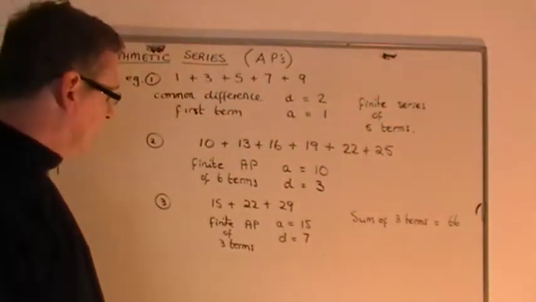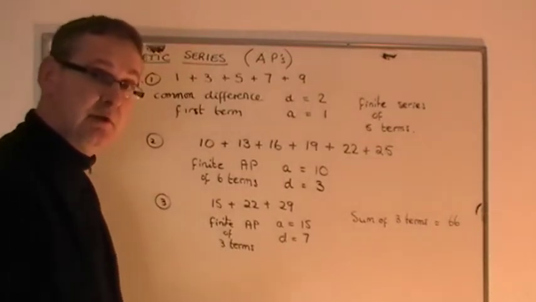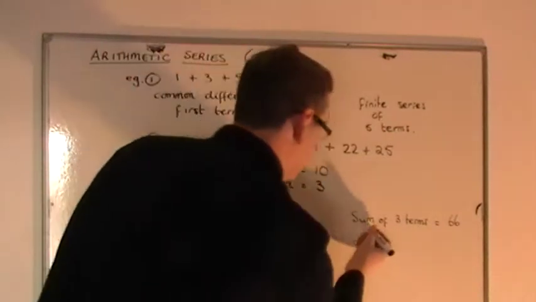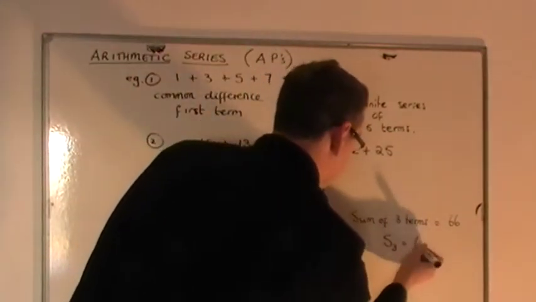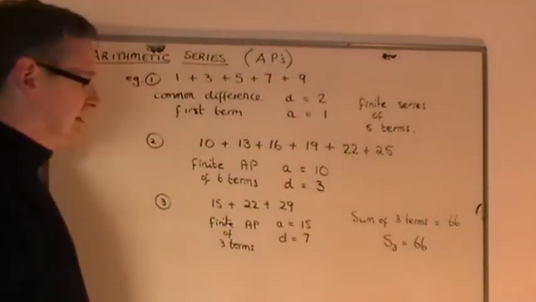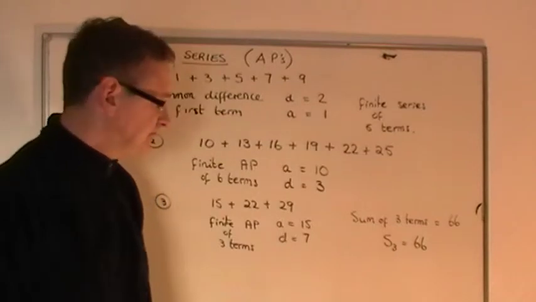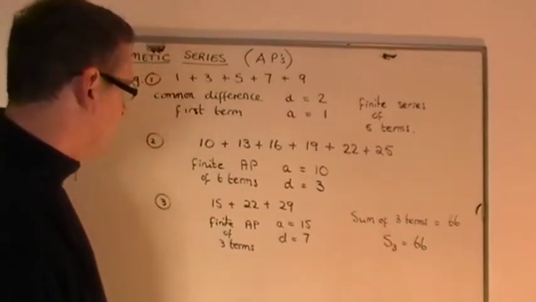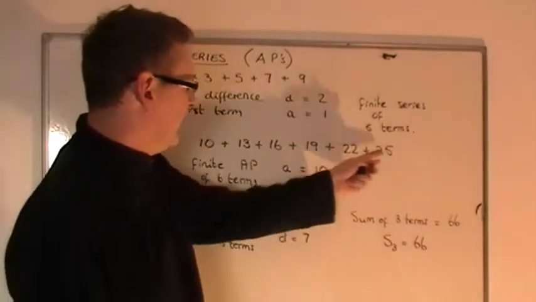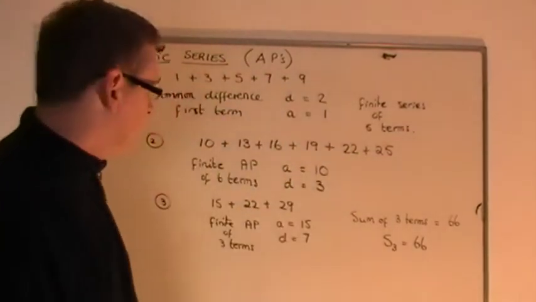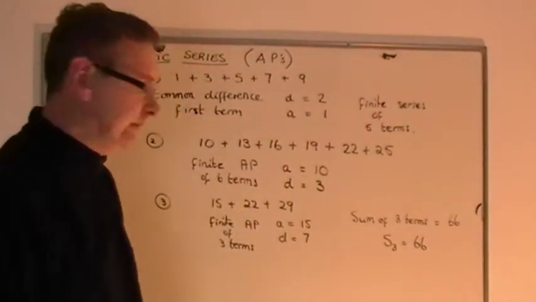For finite APs, I can work out what the total is. The sum of three terms in maths we write as S3, which is equal to 66. S3 stands for the sum of three terms. I could work out the sum of those 6 terms, or the sum of those 5 terms, just by adding them up.